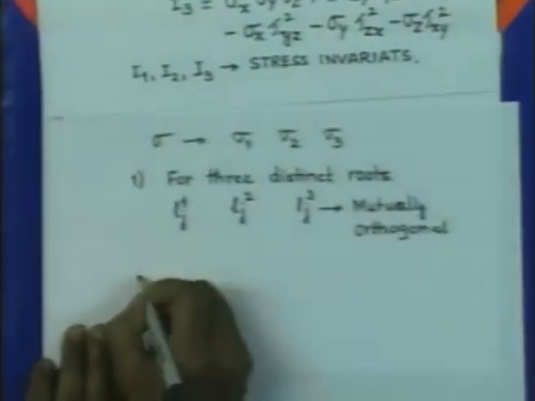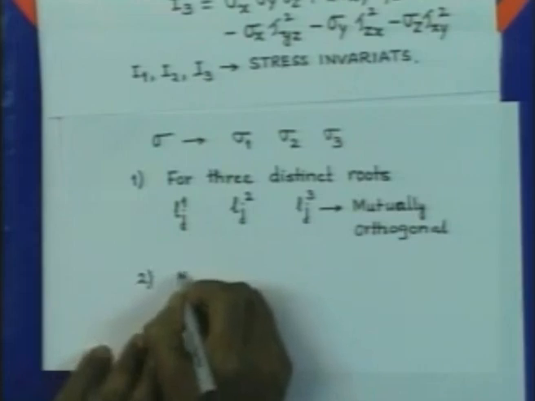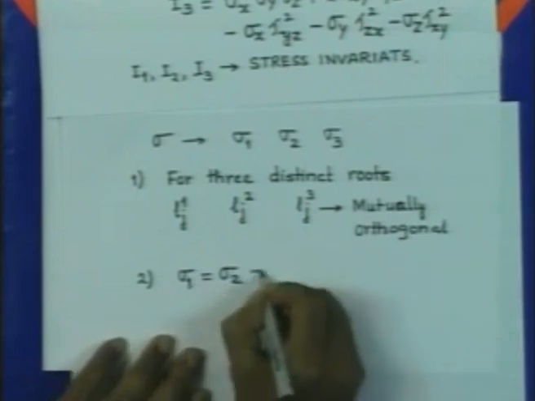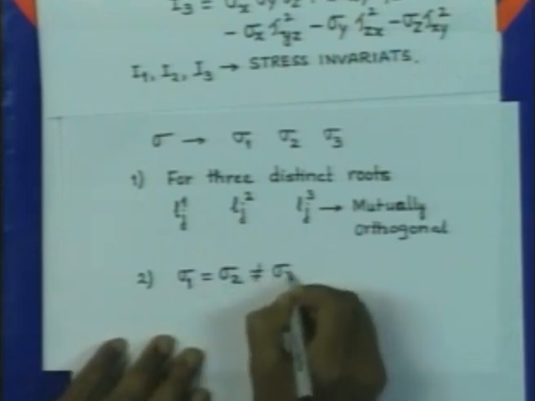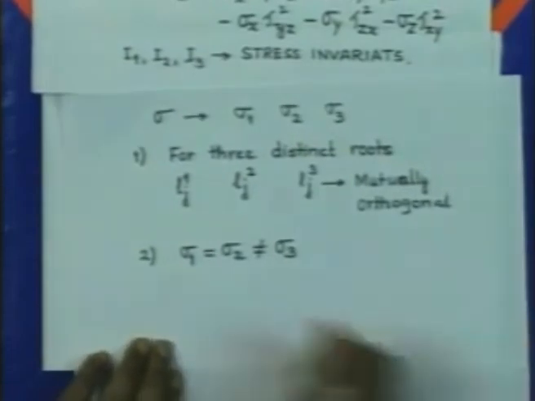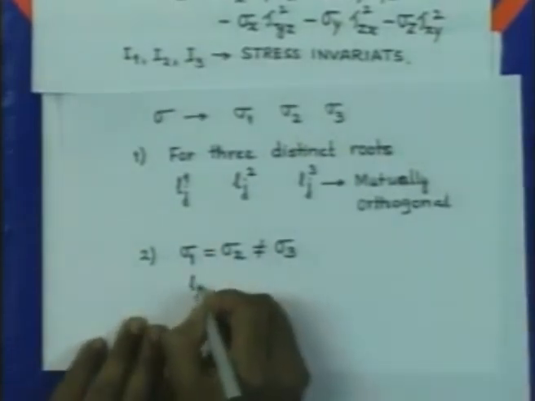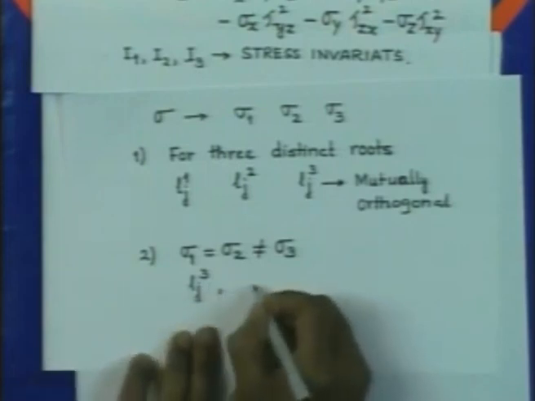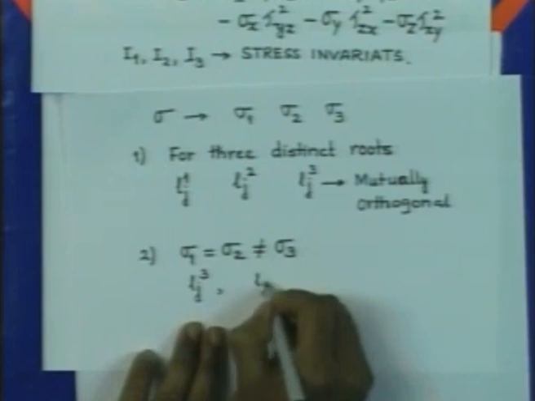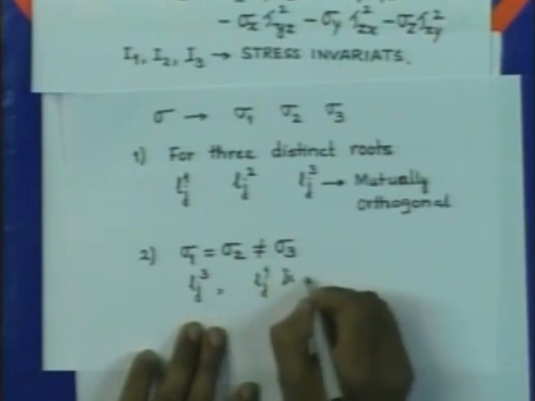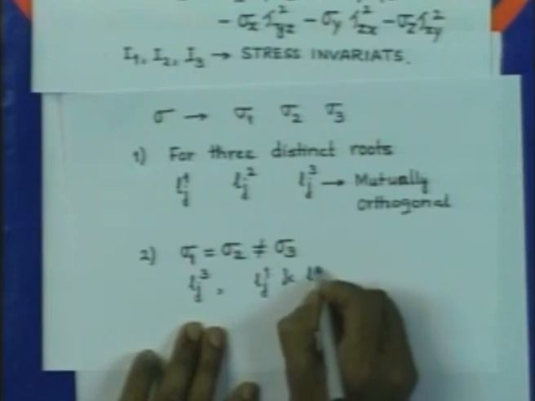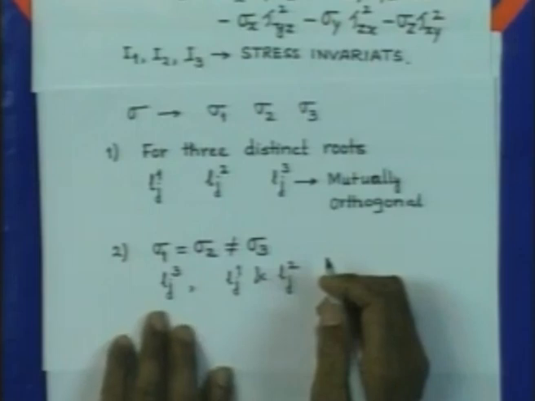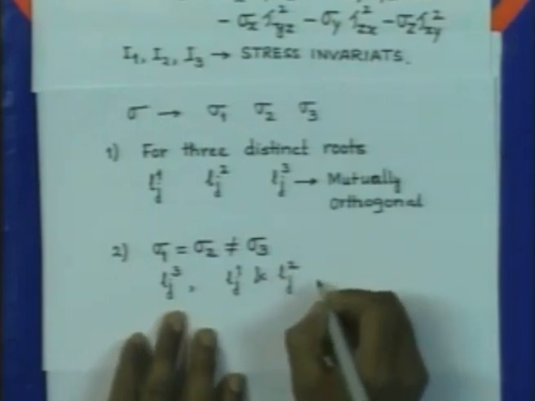If we have a situation like that, sigma 1 and sigma 2 are two repeated roots, sigma 1 equal to sigma 2, but that is not equal to sigma 3, then we can find this sigma 3 direction, and then Lj1 and Lj2 can be taken as any two directions on the plane perpendicular to Lj3.